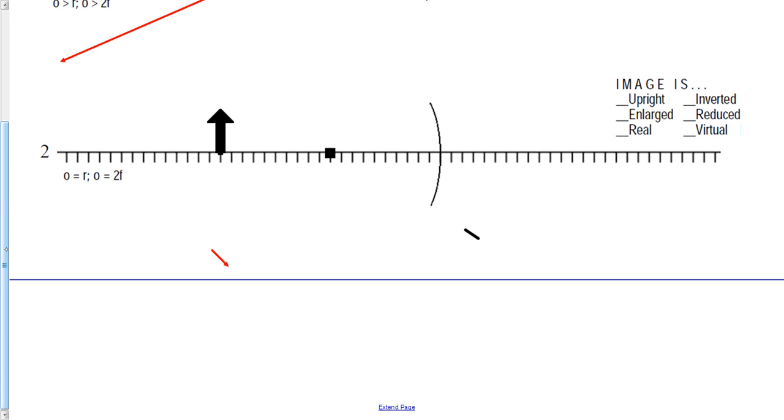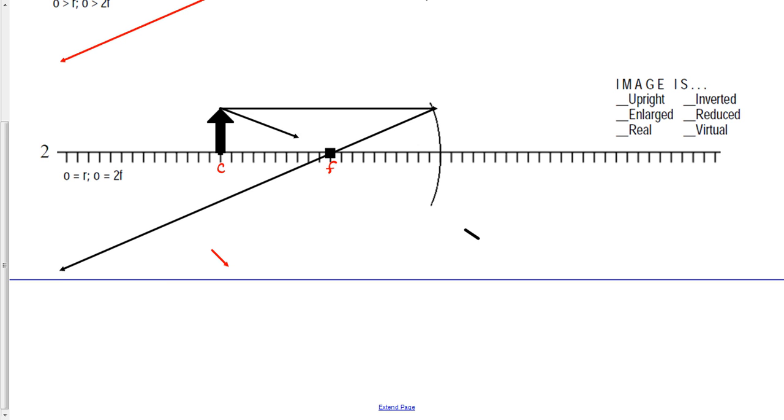For the second one, we are on the center of curvature. Remember, the focal point is here. The center of curvature is twice the focal point. All right, from the tip of the arrow, parallel through F. Through F, parallel.